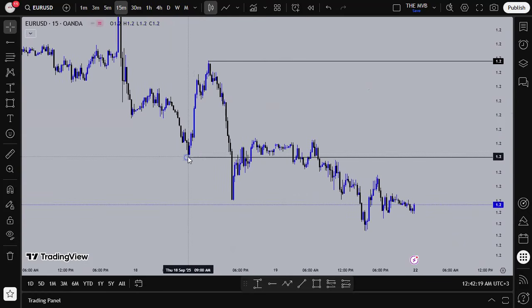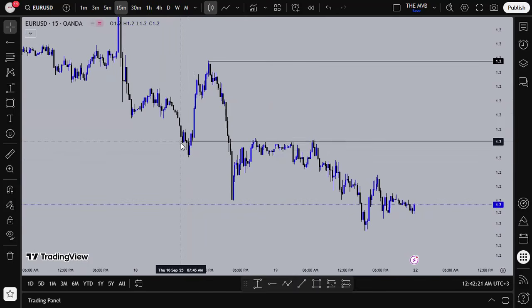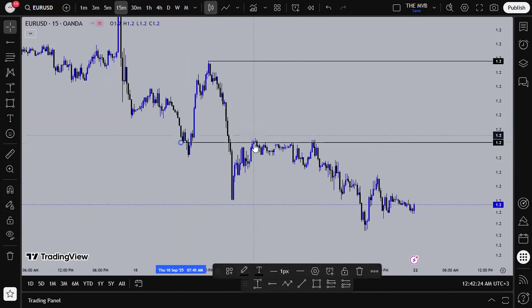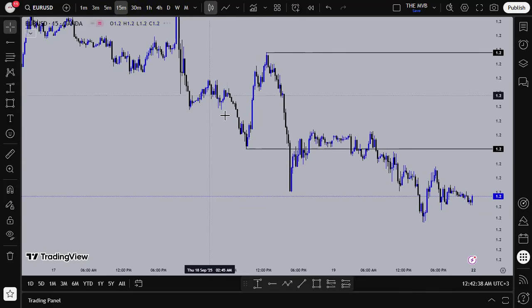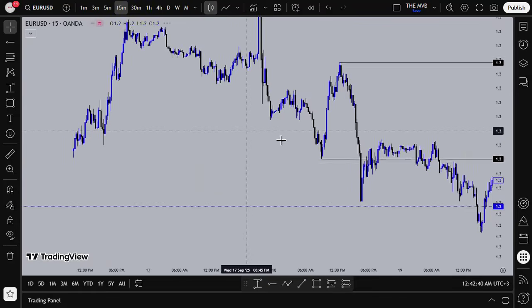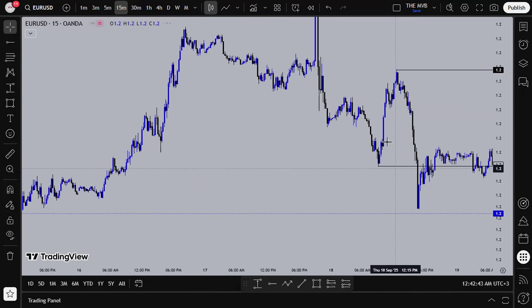Just for a sneak peek, this here was the flip entry, and that's why the price just took that area and went down instead of coming all the way up. We're going to talk about those entries in the last episode. So those were the areas of liquidity you can look for.